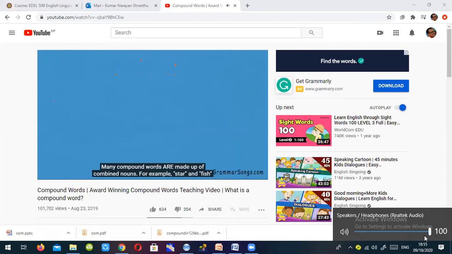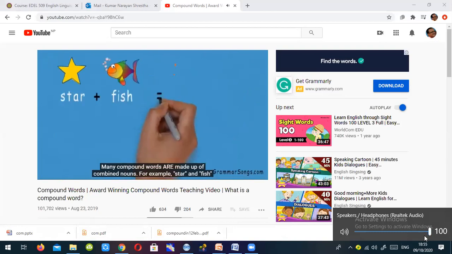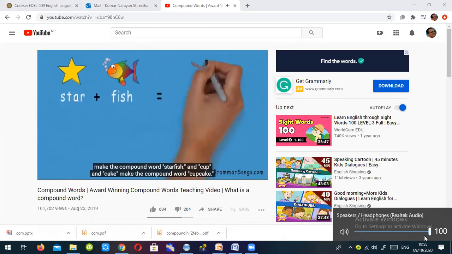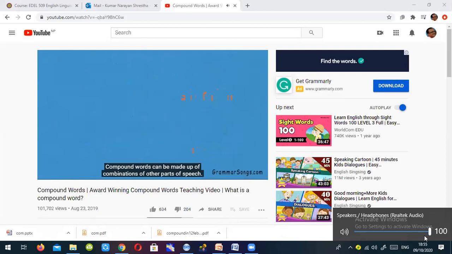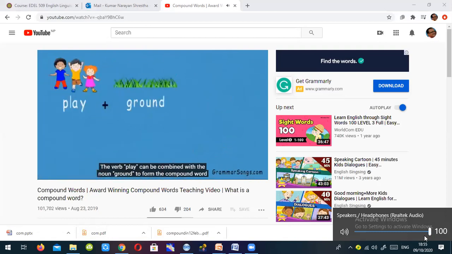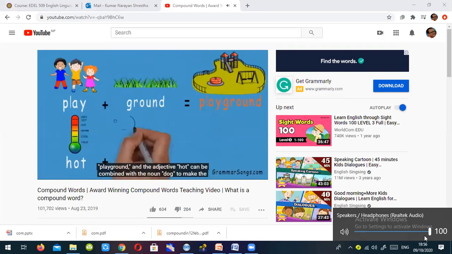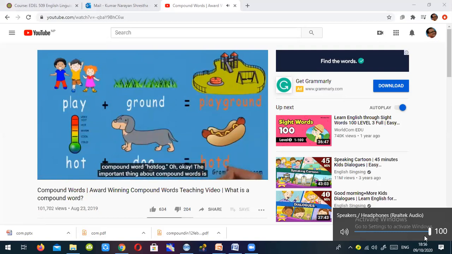Many compound words are made up of combined nouns. For example, star and fish make the compound word starfish, and cup and cake make the compound word cupcake. But compound words can be made up of combinations of other parts of speech. The verb play can be combined with the noun ground to form the compound word playground. And the adjective hot can be combined with the noun dog to make the compound word hot dog.